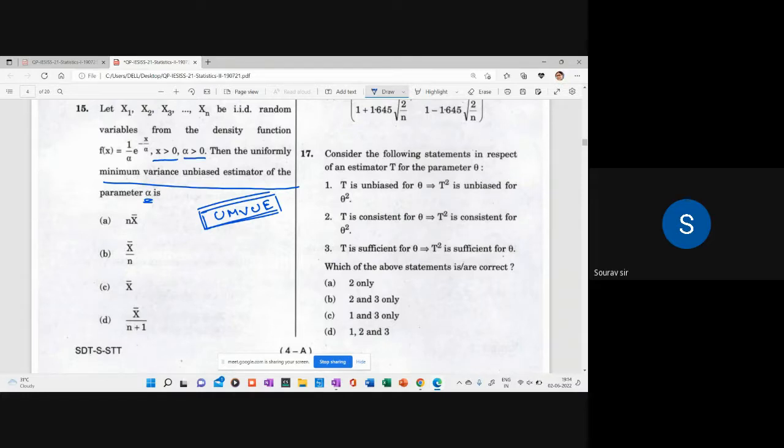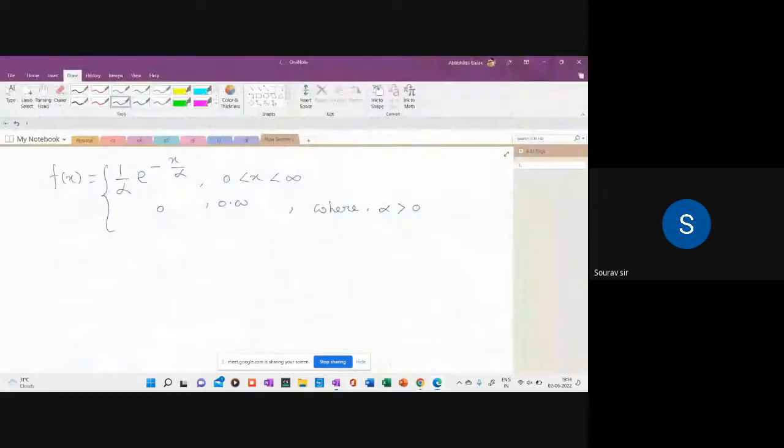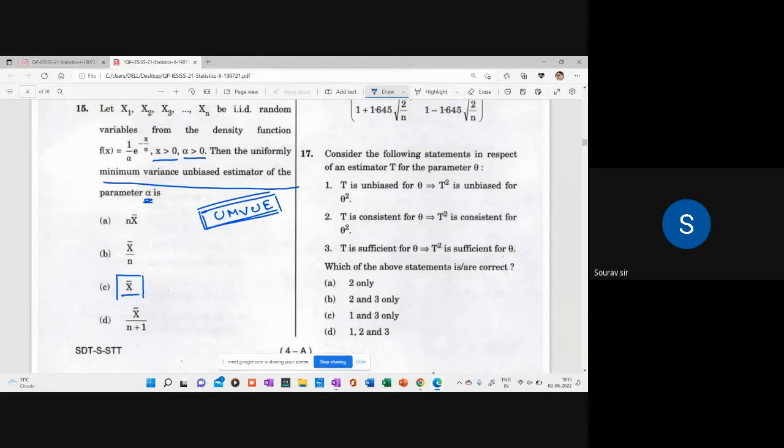Obviously, intuitively the result is almost known to us, that X bar is the result, but we need to recheck it. Let us start. Let's go by the option. First, we are going to start with the option X bar.